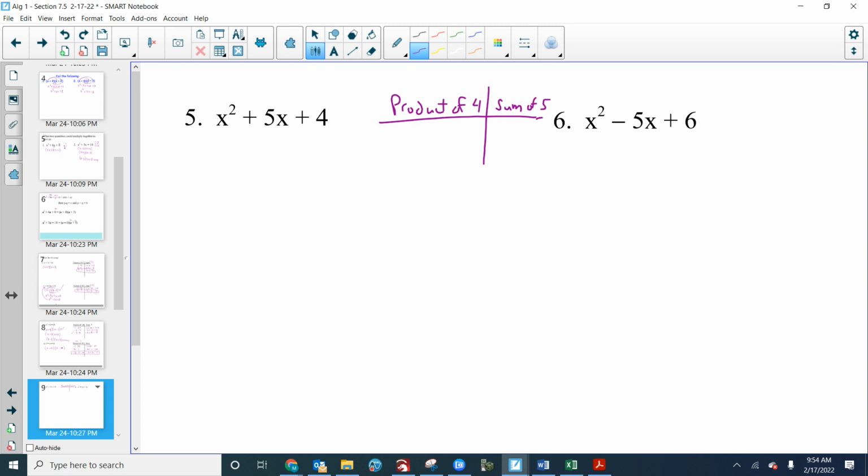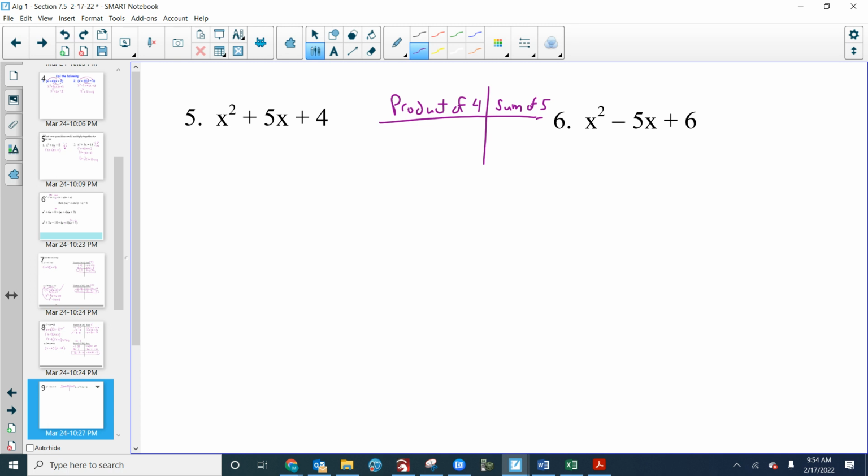Evan, did you figure out the numbers yet? Can I help you? Give me some numbers to multiply to 4. 2 and 2. Do they add up to 5? No, they're out. What's another set of numbers that multiply to 4? 4 times 1. Do they add up to 5? 4 plus 1.